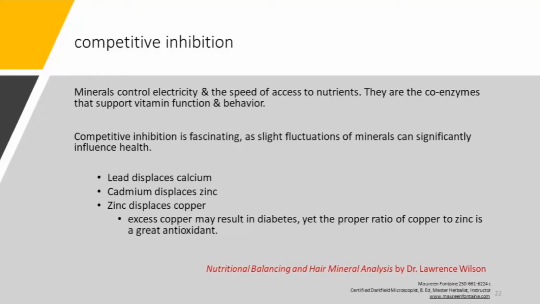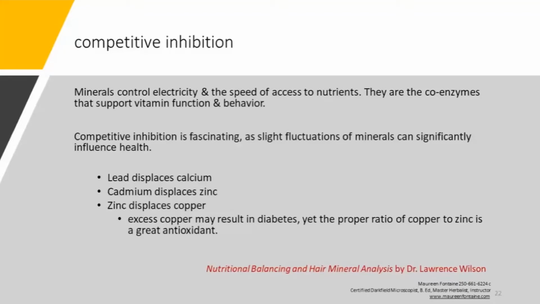We see that as even slight fluctuations of minerals occur, it can significantly influence health. We know that lead displaces calcium, cadmium displaces zinc, zinc displaces copper, yet we see that excess copper can result in diabetes. Yet the proper ratio of copper to zinc is great as an antioxidant.